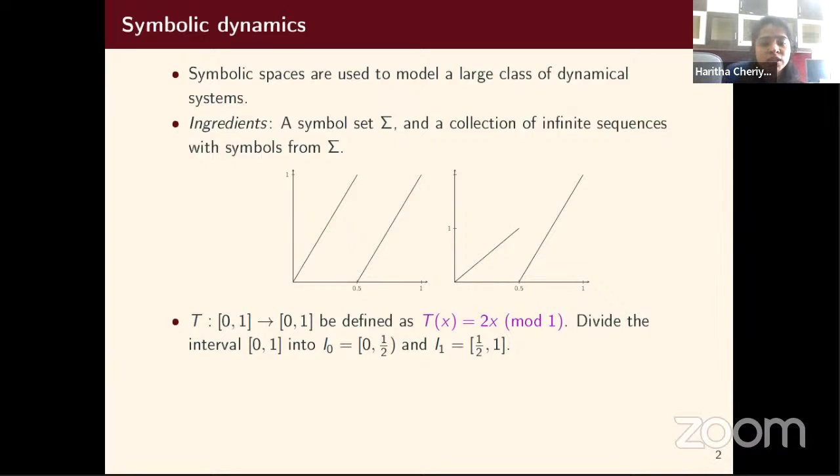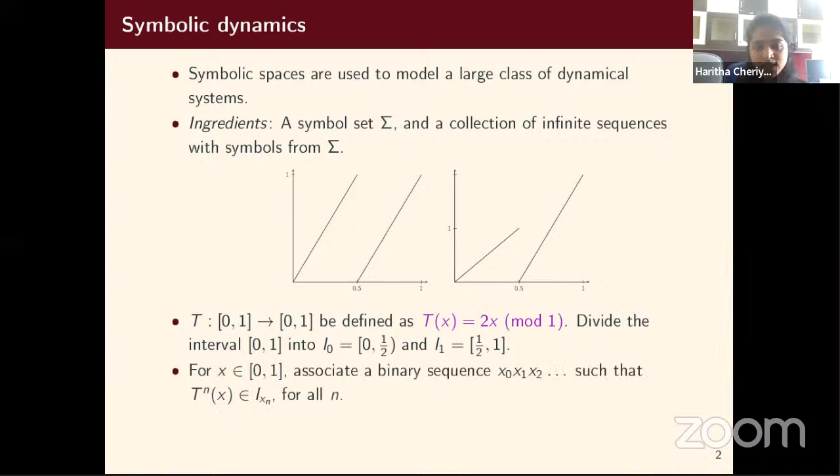Then for each point in the interval, you look at the trajectory and look at the position of each T^n(x). So for each x in [0,1], you associate a binary sequence x0, x1, x2, and so on, depending on the position of the orbit, whether it belongs to I0 or I1.